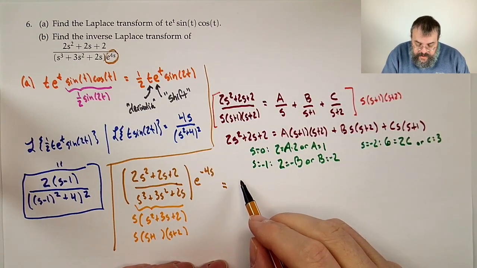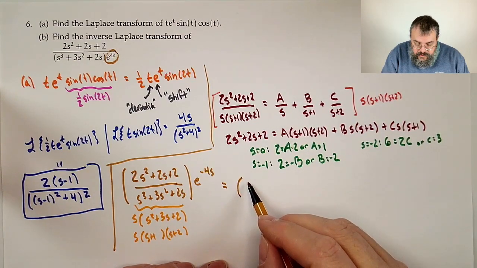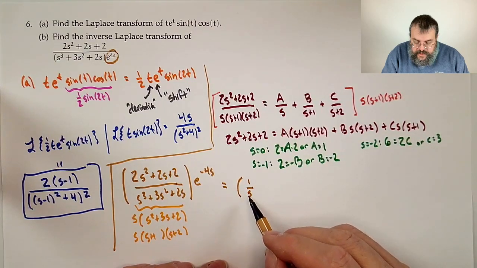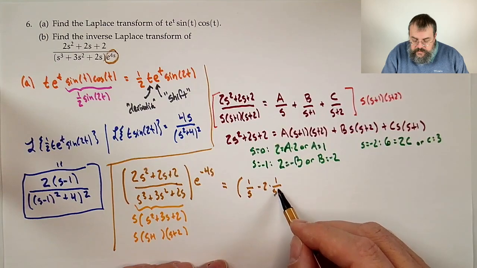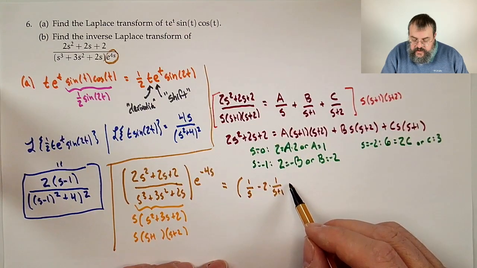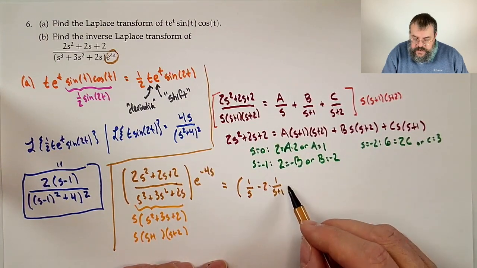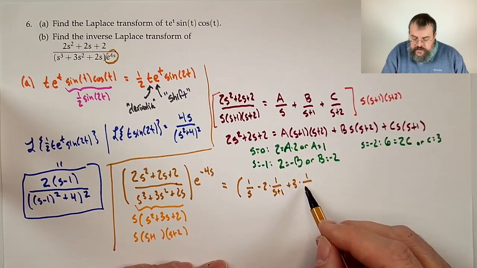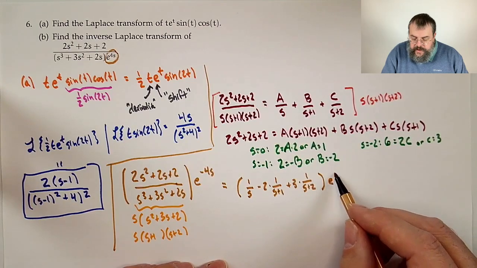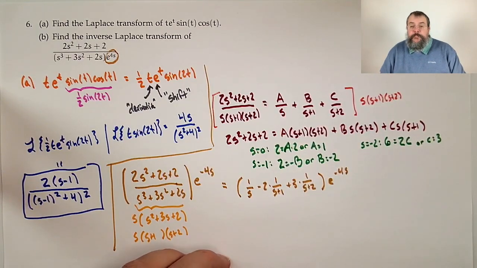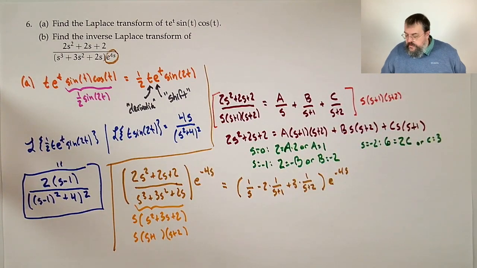So this is the same as a over s, so 1 over s, b minus 2 over s plus 1, and c, which is 3, over s plus 2. And I'm putting that to the side just to help us prepare.